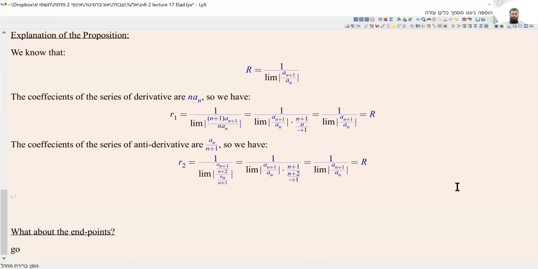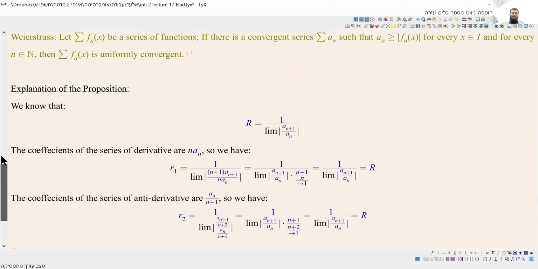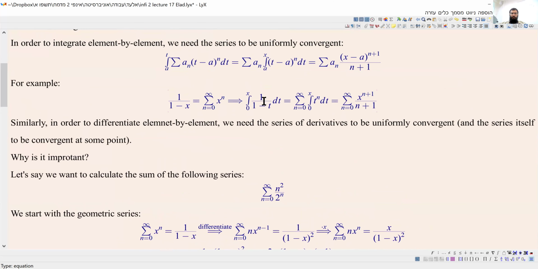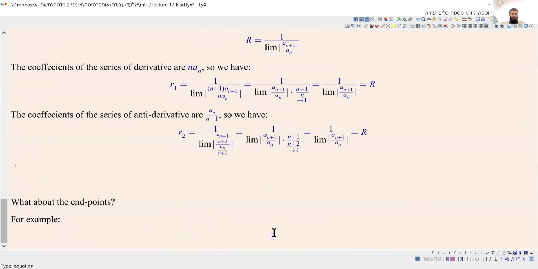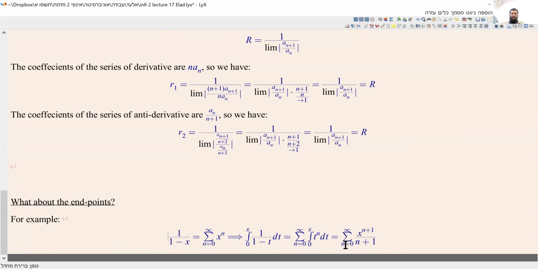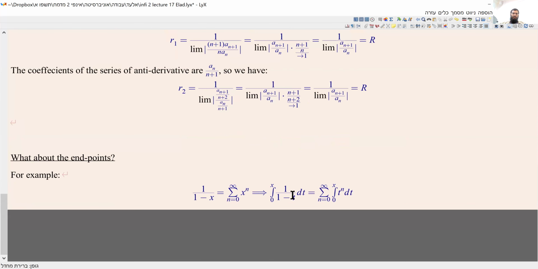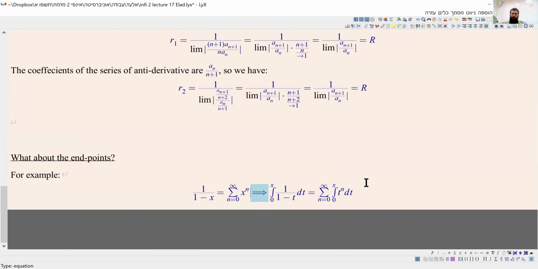I mean, for example, we've already done it earlier. We know that the geometric series is uniformly convergent on every interval inside -1 to 1, and let's write it down that we integrate here.